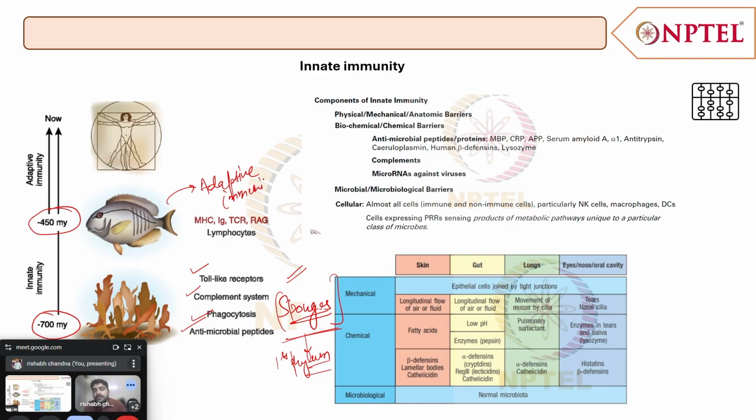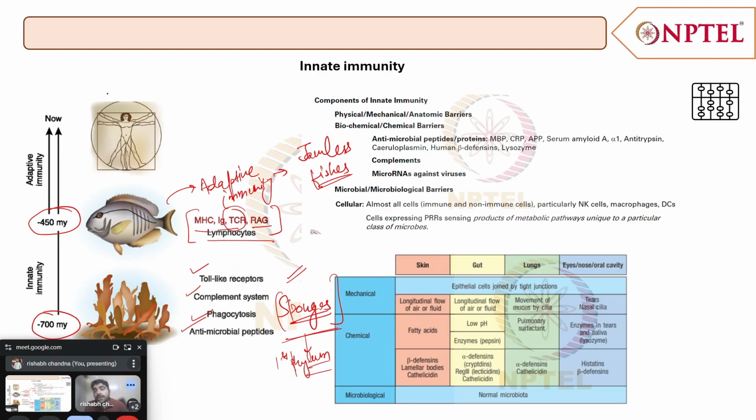The basic adaptive immunity started with jawless fishes. So from adaptive immunity, the trend started for MHC, immunoglobulins, the T cell receptor, RAG, and the lymphocytes. So these all are associated with the lymphocytes.